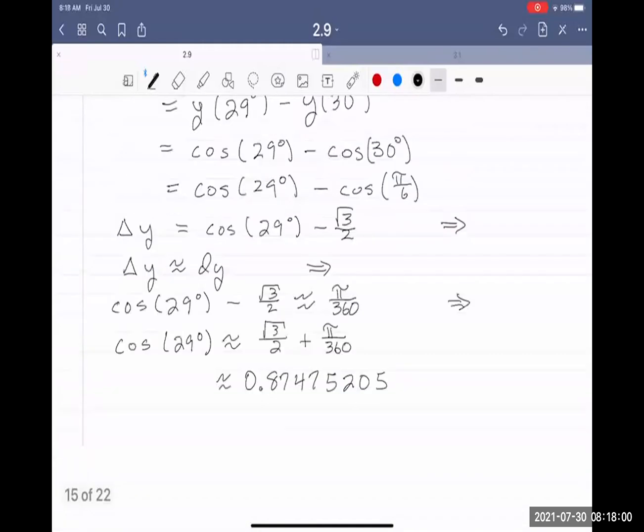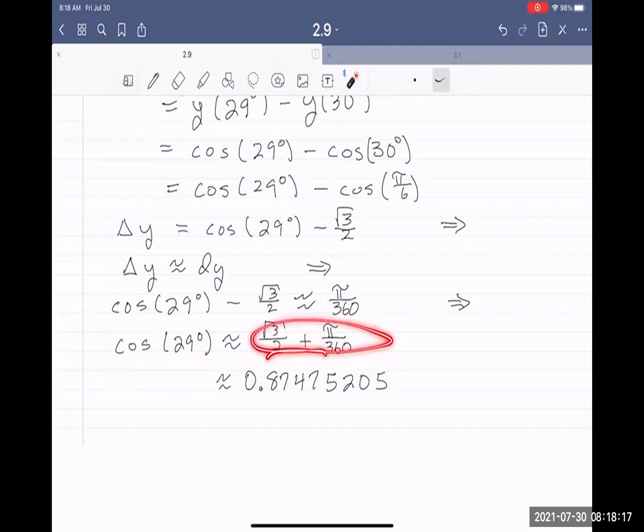So these are applications of doing approximations where you don't actually have to evaluate these. You can just somehow evaluate something else and get your answer.